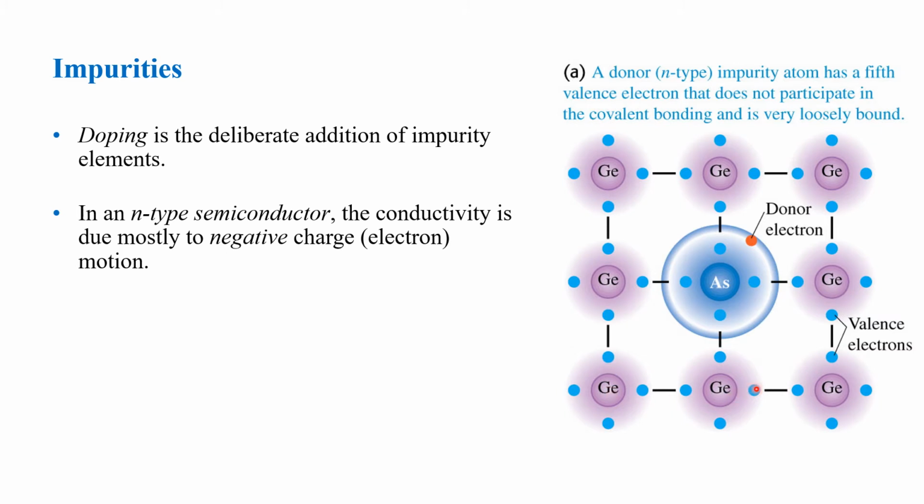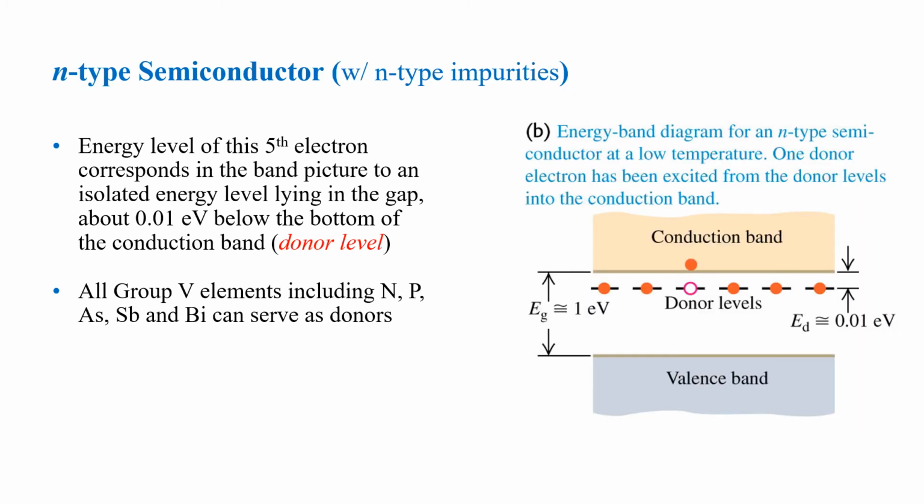semiconductor, which has a fifth valence electron that does not participate in the covalent bonding and is very loosely bound. When you say an n-type semiconductor, it means that you have n-type impurities. The energy level of this fifth electron, let's say for example in the figure earlier, corresponds in the band picture to an isolated energy level lying in the gap.